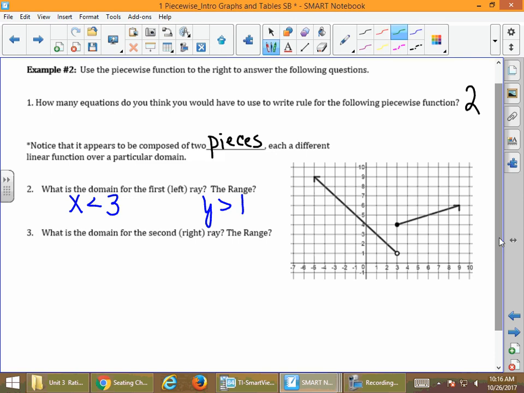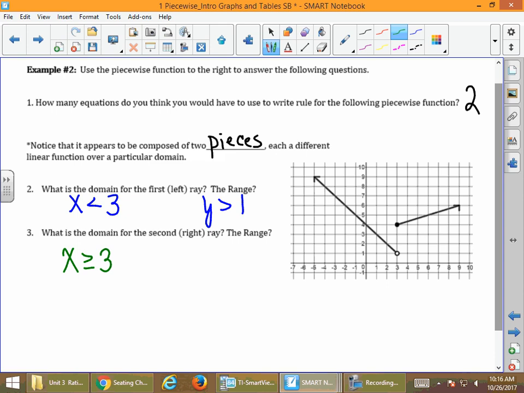If we look at the second ray, the ray to the right, again, it has a starting point and it continues on towards the right. In this case, the domain for the right ray is that we start at 3, but it's a filled-in circle. So it's going to be 3, and then everything beyond 3 towards the right. x is greater than or equal to 3 is how we read that.